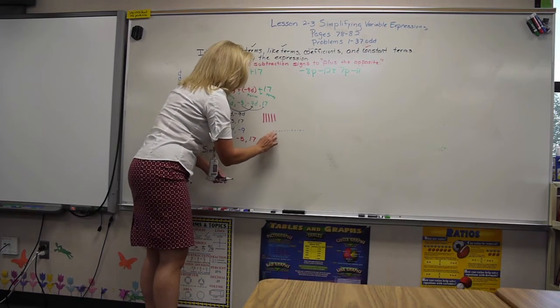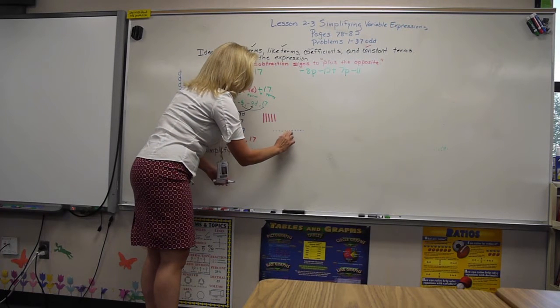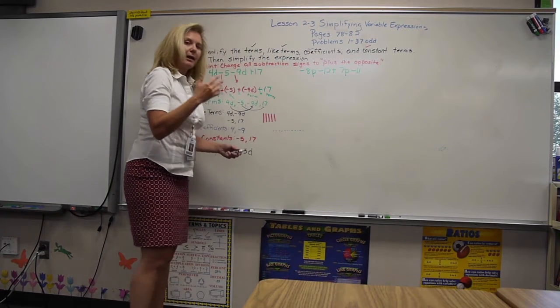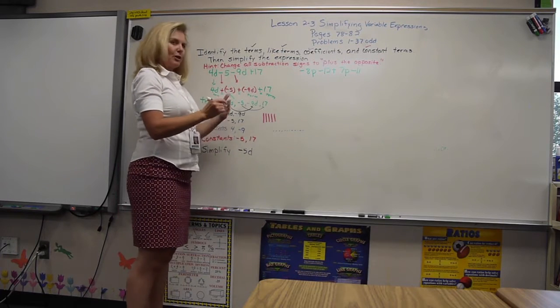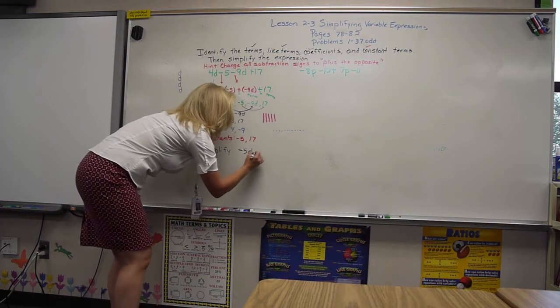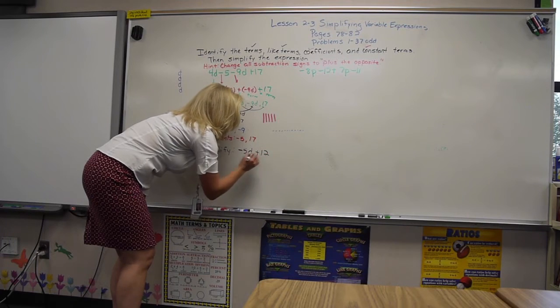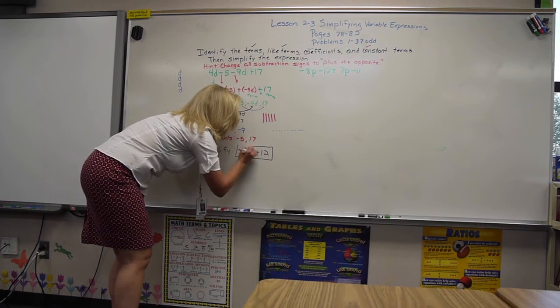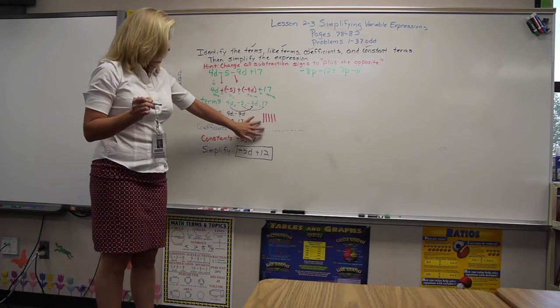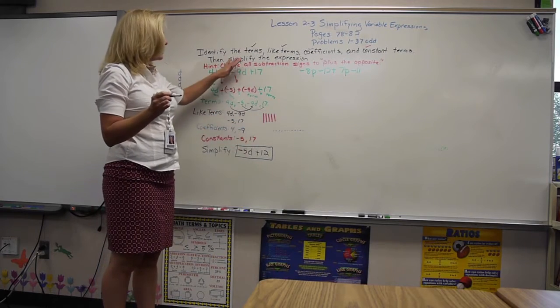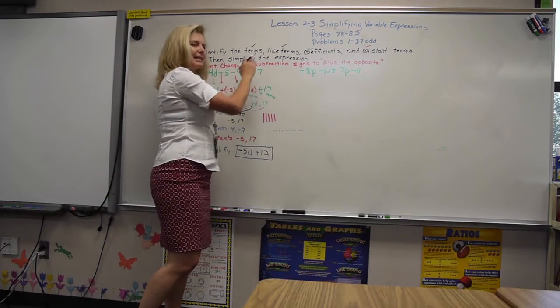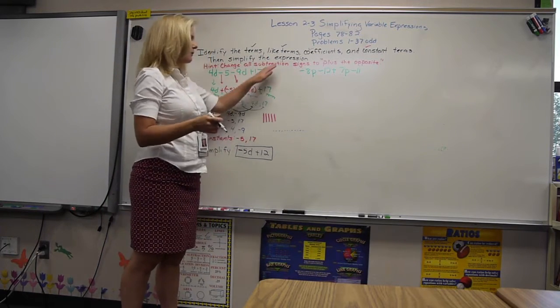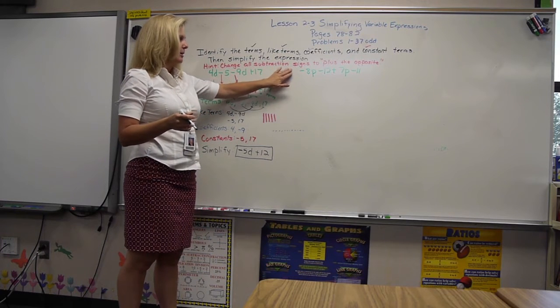So what I have left, 2, 4, 6, 8, 10, 12. They're all blacks and they're positive, so I would write +12. That would be my simplified. So this is what's remaining. That would then complete what I need to do for this part of the homework.